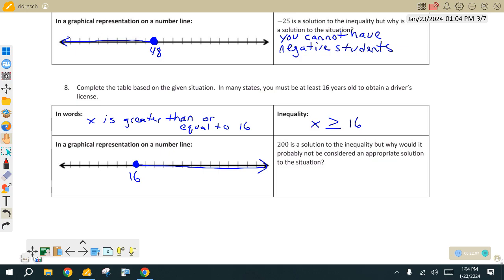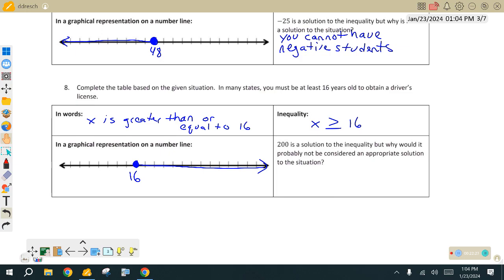Now the last thing here, it says, same deal, greater than or equal to 16. 200 is a solution to the inequality, but why is it probably not considered appropriate for this situation? Because no one's living that long. Probably no one's living to be 200 years of age right now, right? I'd like to live to be 200 years of age.